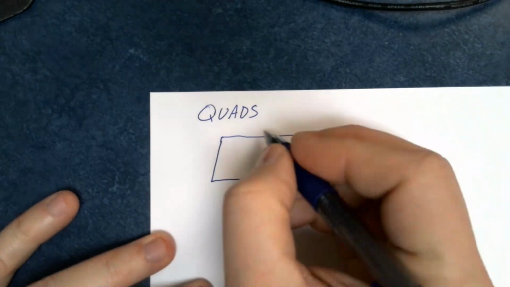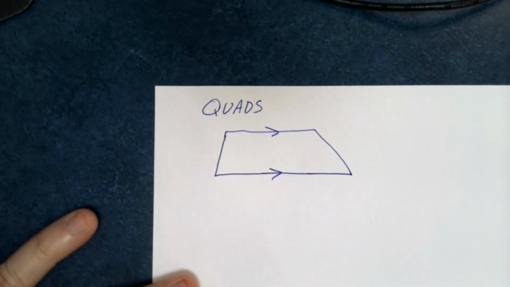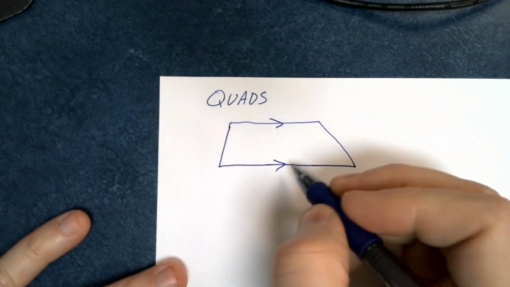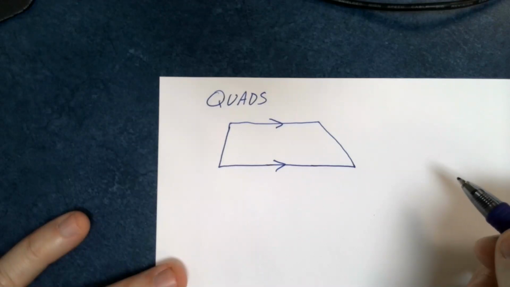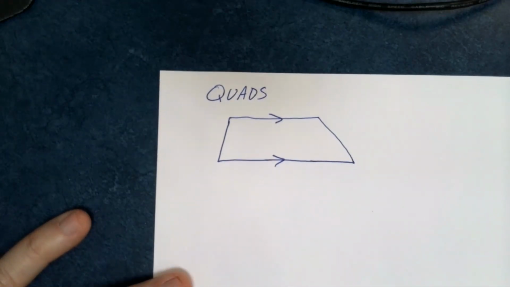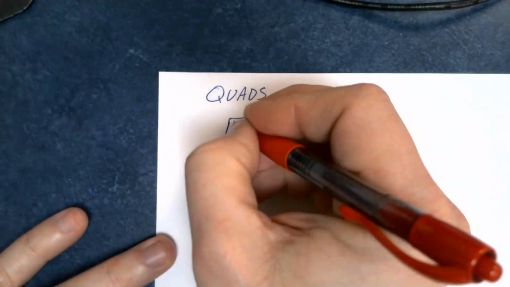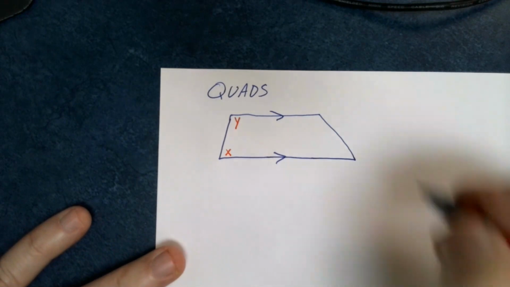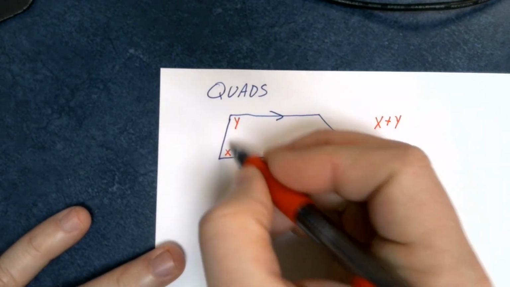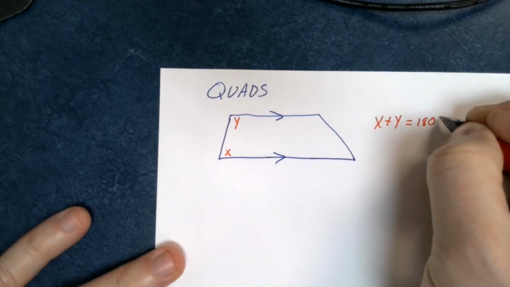trapezoid. And a trapezoid basically has this situation going on in that it has at least one set of parallel sides. And when you have one set of parallel sides, that means that this angle right here, x, and this angle right here, y, that x plus y, the two angles that are interior, must add up to 180 degrees.